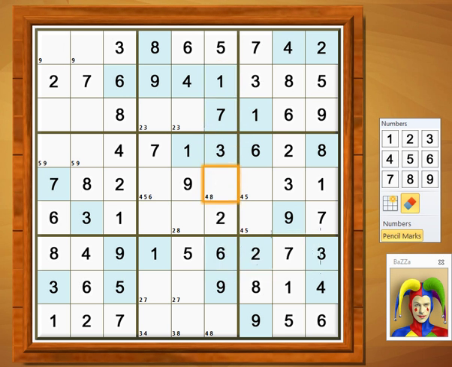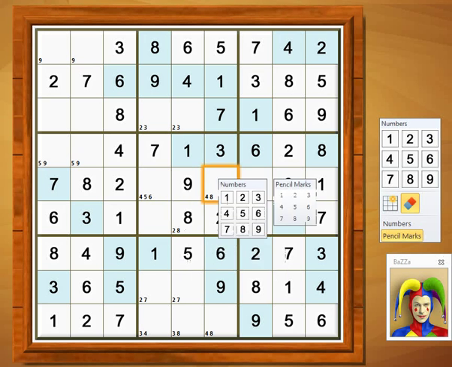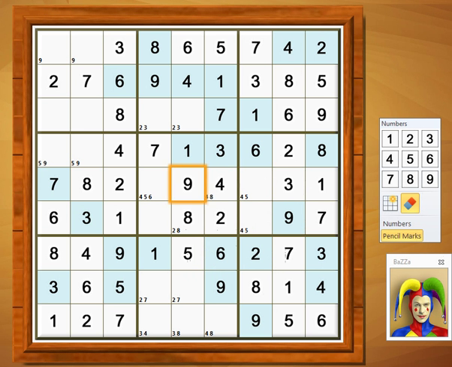So we've got 1, 2, 3, 4, 5, 6, 7, 8, 9. So the 2, so that's going to make that the 8, which is going to make that the 4, which is going to make that 5, 6.